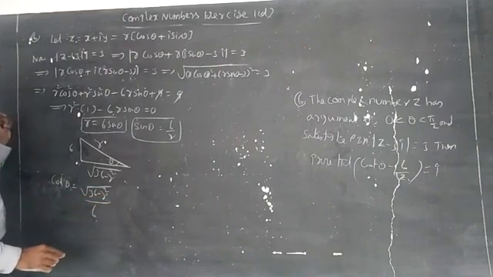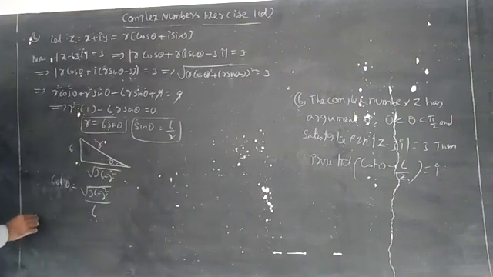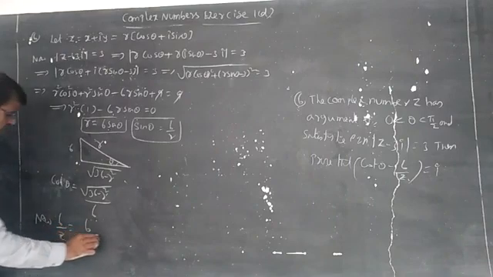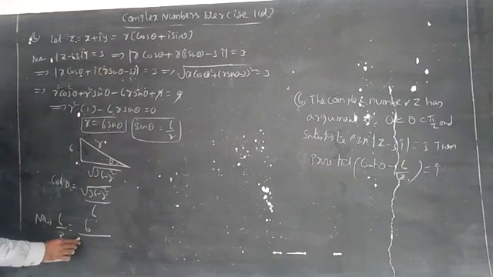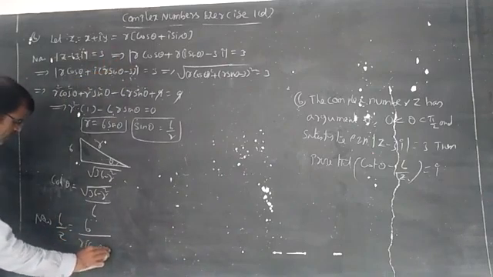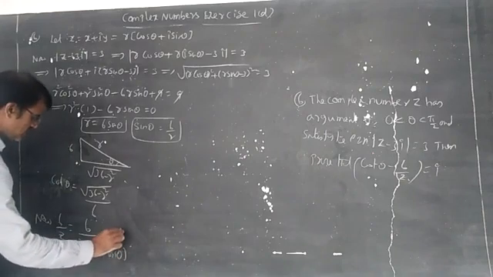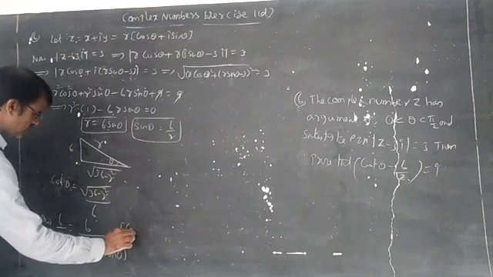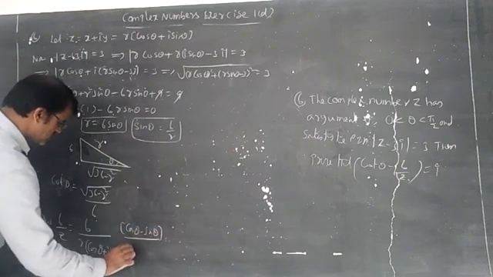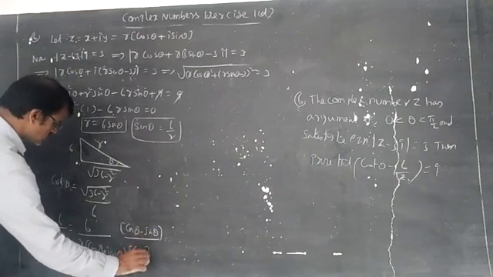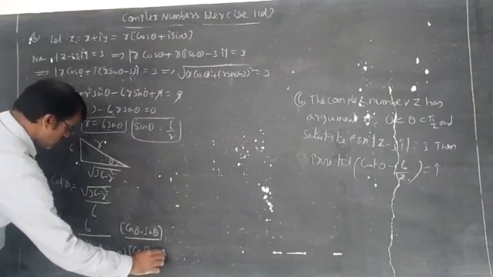Keep that aside. Now 6 by z you can calculate. 6 by z means 6 over r into cos theta plus i sin theta. You can multiply with the conjugate complex number, cos theta minus i sin theta, so the denominator becomes cos square theta plus sin square theta.